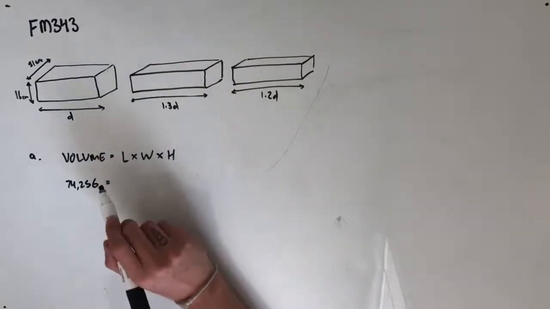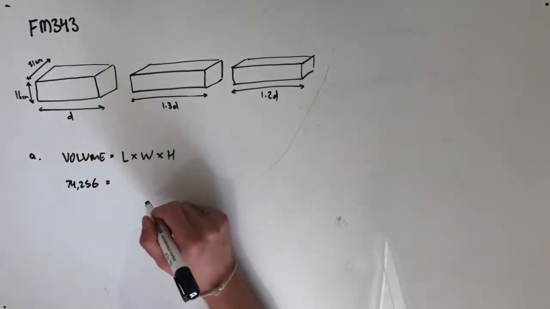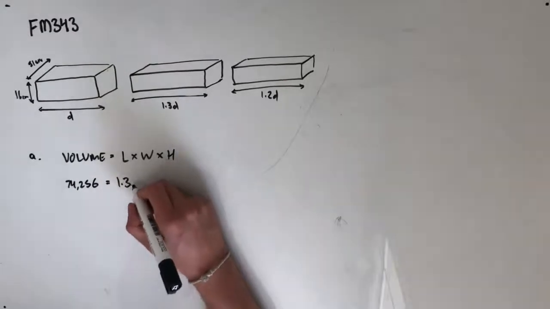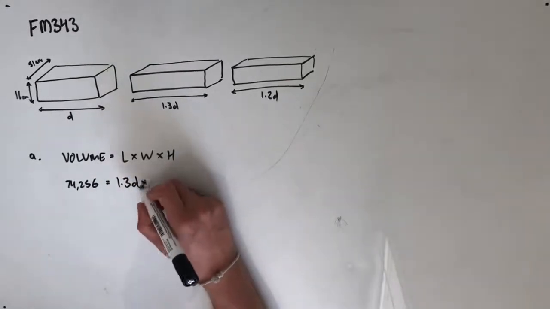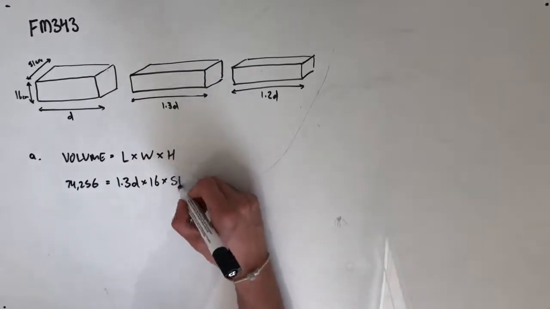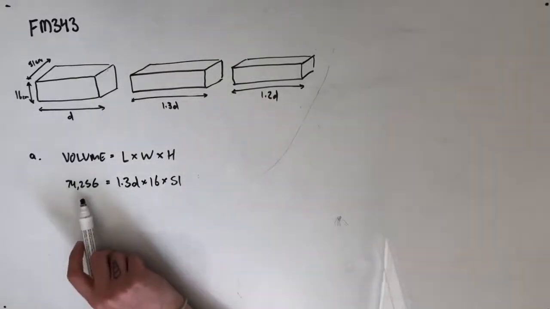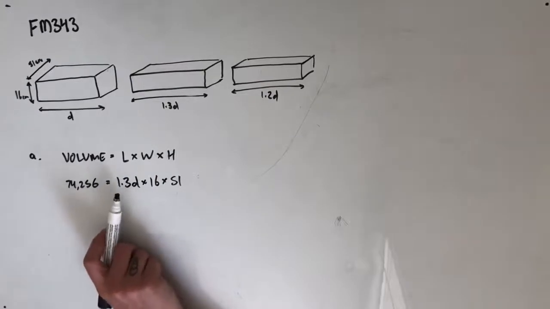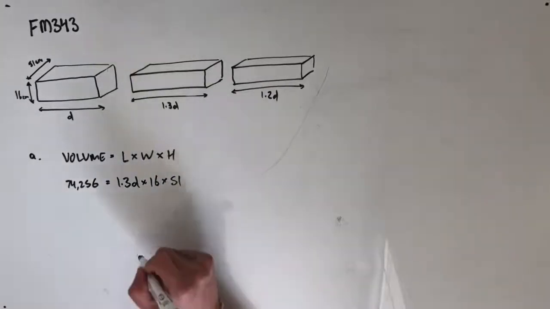The length, let's call that the 1.3 times d, so 1.3d times width, let's call that the 16 centimeters, and height, the 51 centimeters. So we've got 74,256 is equal to 1.3d times 16 times 51.